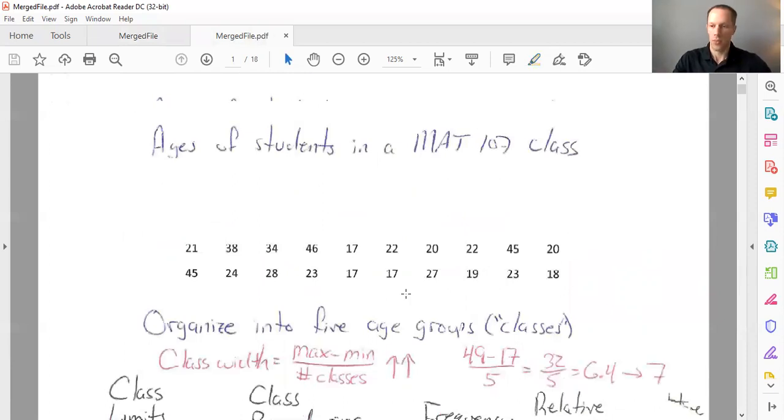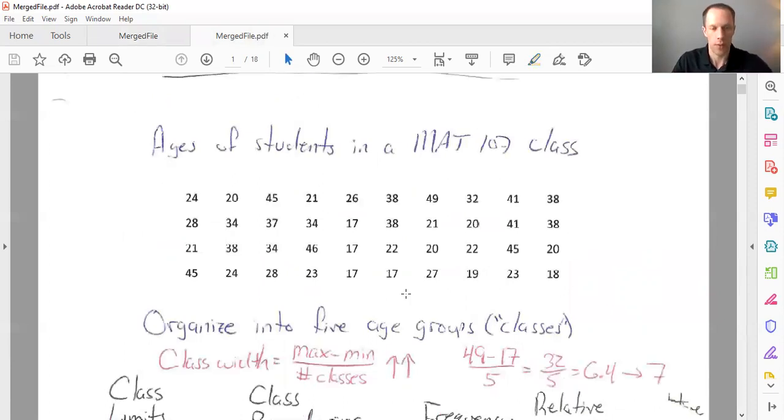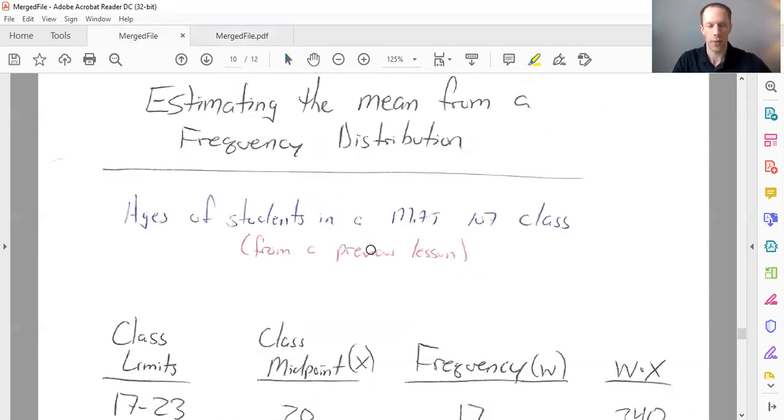Let's say that you were working on a report for your class and you had the data on one page and then you made the frequency distribution on another page. And then you come back the next day and your plan is to calculate these measures of center and add them into your report. But when you come to your notebook, what you find is that somebody tore out the page that has all the data.